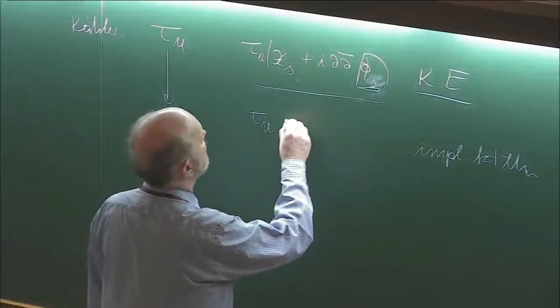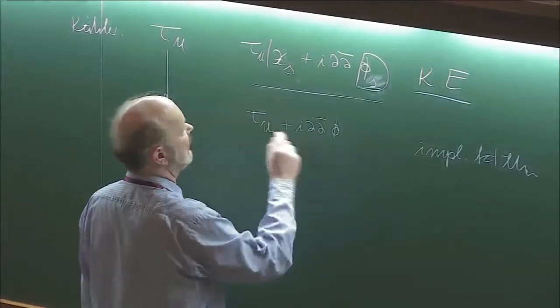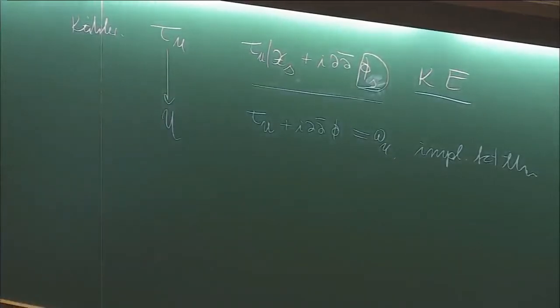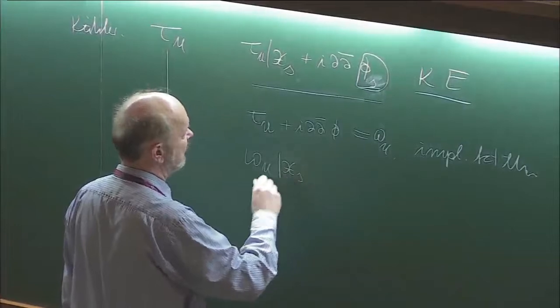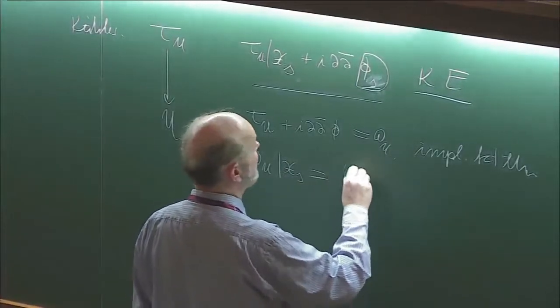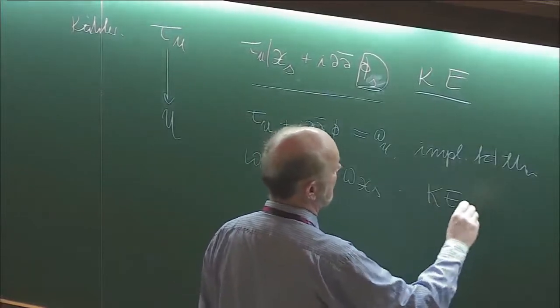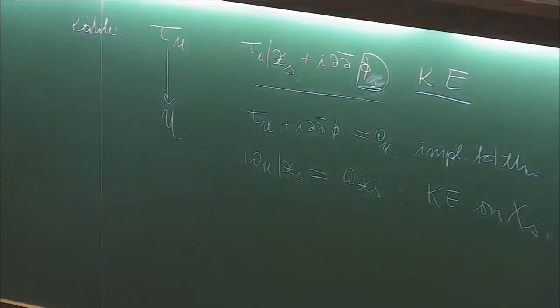So we can write down something like this and call this, say, for the moment, omega u. Then we see that omega u restricted to the fiber is omega X_s, the Kähler-Einstein form on the fiber X_s. So this is what happens.